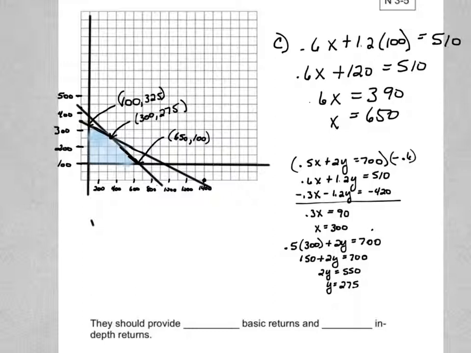Okay, so now we've got our 3 points. We've got to put them in the objective quantity.